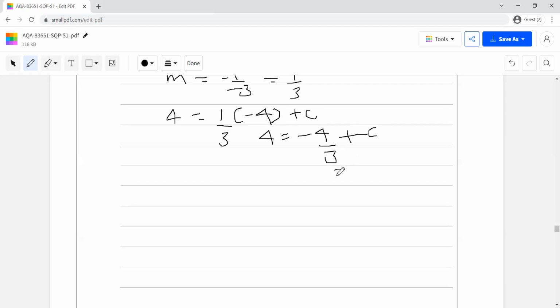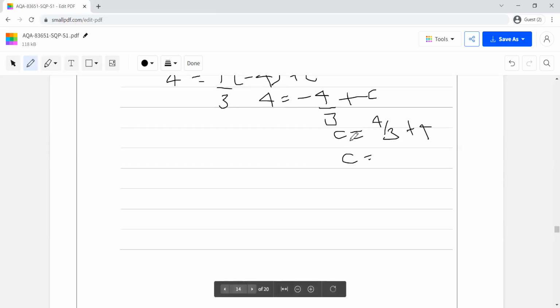So c equals 4/3 plus 4, right? So c is going to be equal to whatever this is. 4/3 is 1.3 recurring, so it's 5.3 recurring. So it's 16 over 3.